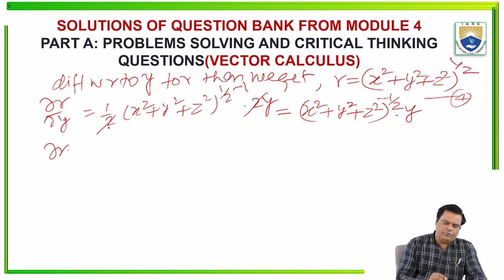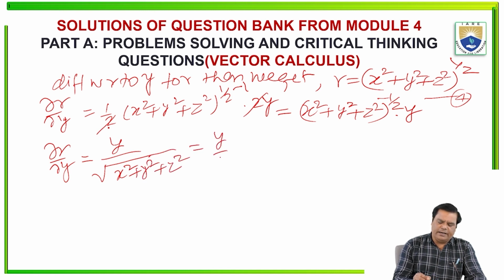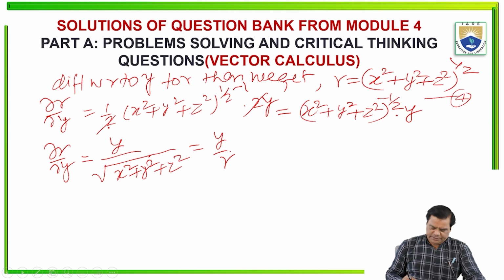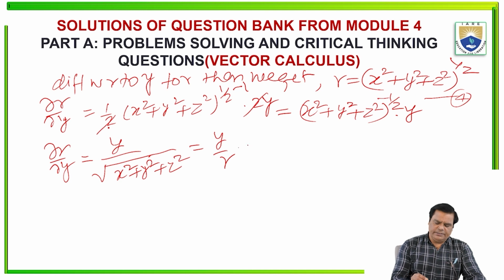So we can write ∂r/∂y is equal to y upon the square root of (x² + y² + z²), which is y upon r. This is equation 6. This implies that ∂r/∂y equals y/r.